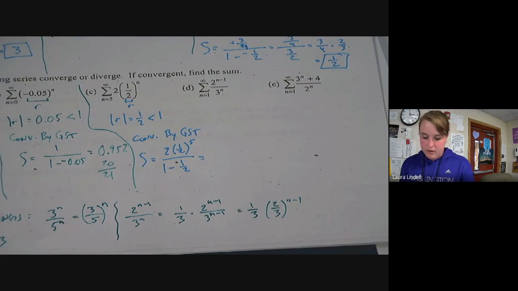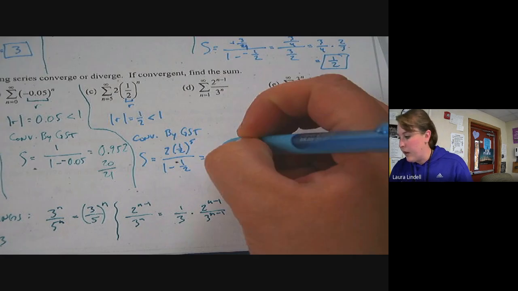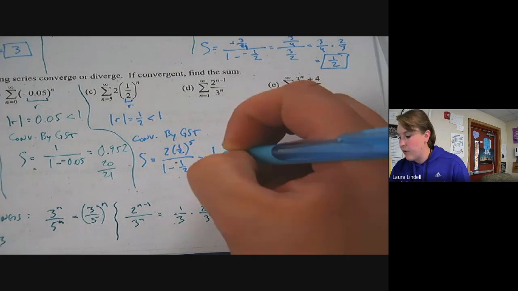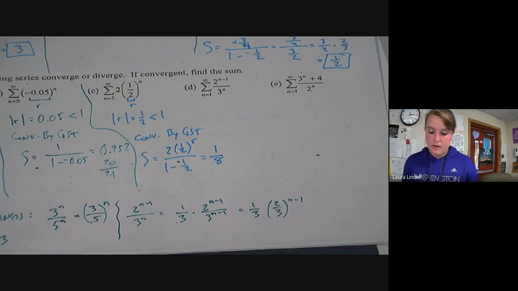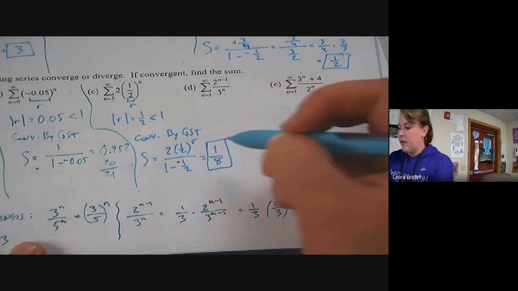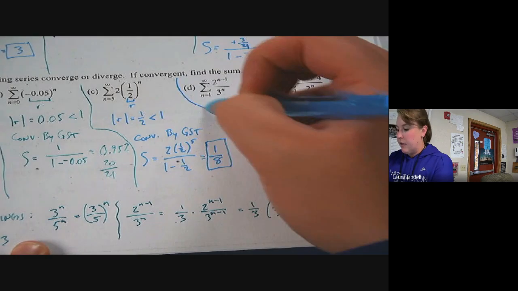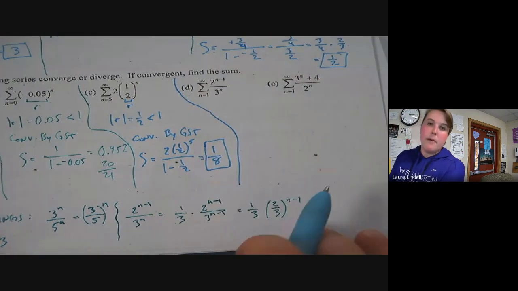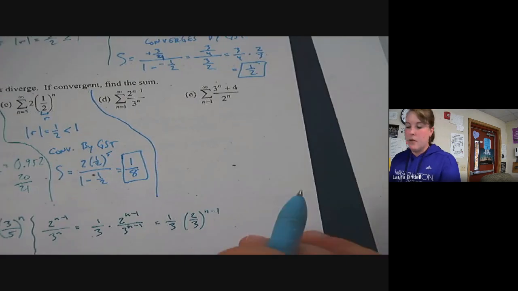Let's see, 2 times 1/2 to the 5th power divided by 1/2. And we get 1/8. Or 0.125, those are the same thing. You could also do all that by hand, but a lot of times it's easier to check it in your calculator, but you should know your powers of 2.